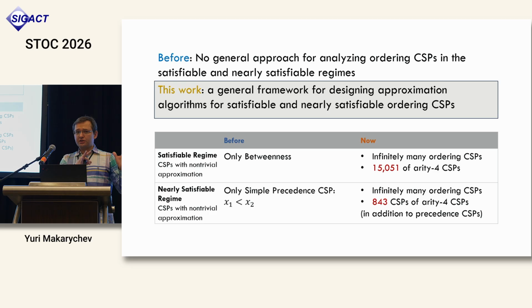Specifically, using the procedures that we derive, we show that there are at least 15,051 ordering CSPs of arity 4 that admit a non-trivial approximation in the satisfiable regime, and at least 843 ordering CSPs of arity 4 that admit a non-trivial approximation in the nearly satisfiable regime.